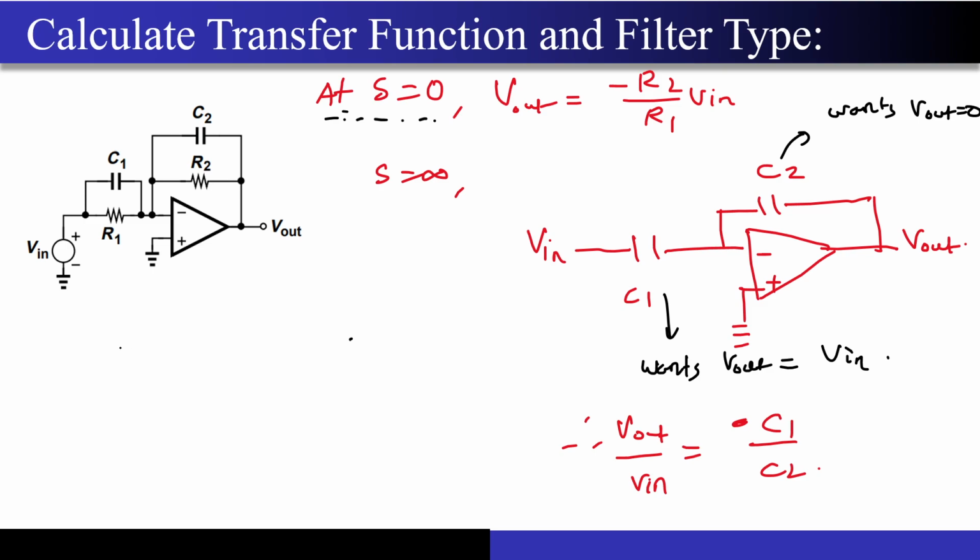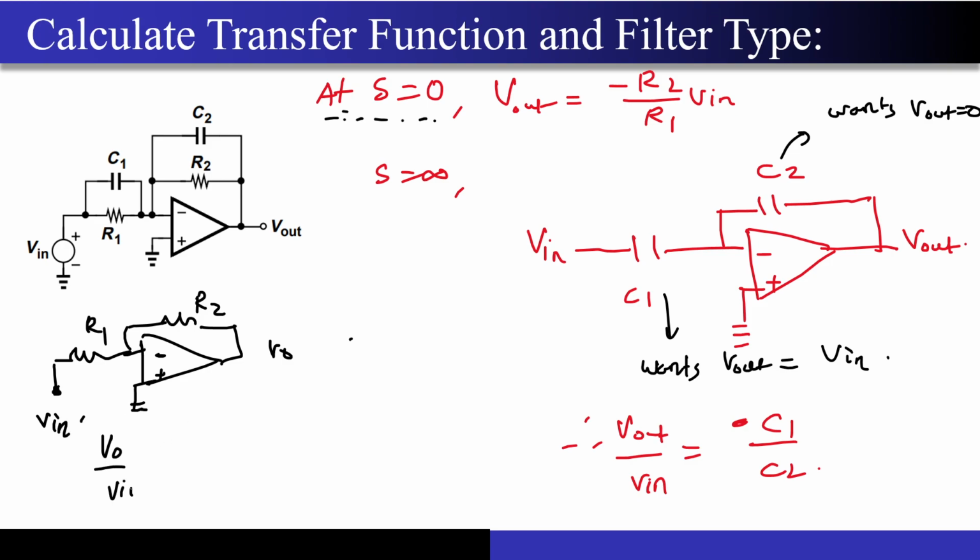So now your circuit will just look like, let me just draw it quickly. I have R1 and this is my Vin. This is how your circuit will look, right? If I ask you what is the gain of this circuit, this is nothing but minus R2 by R1. And this is what you are going to get over here.